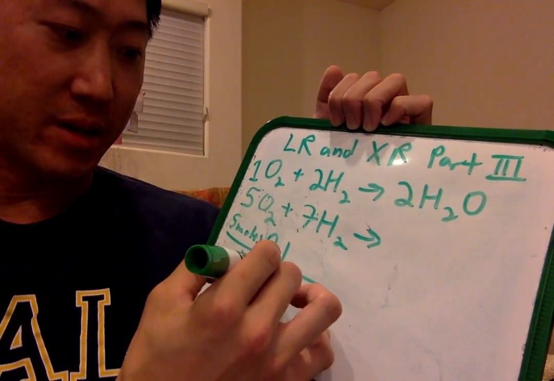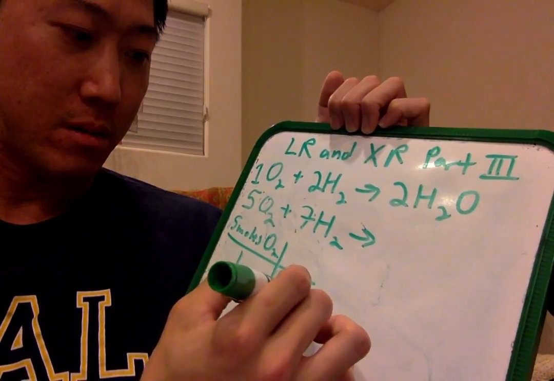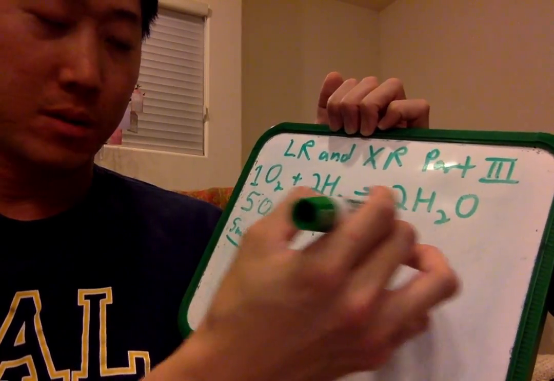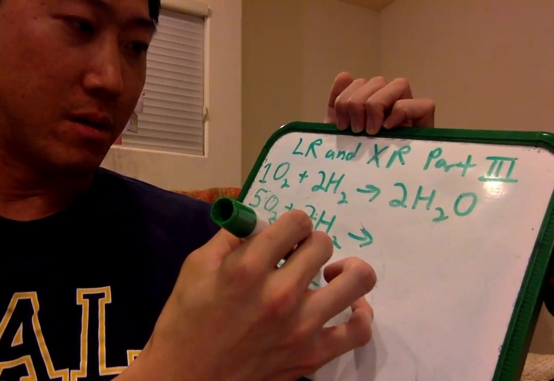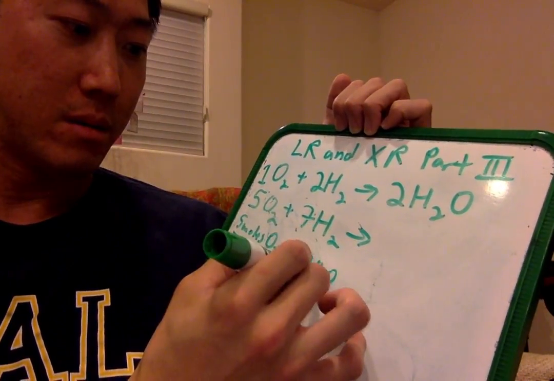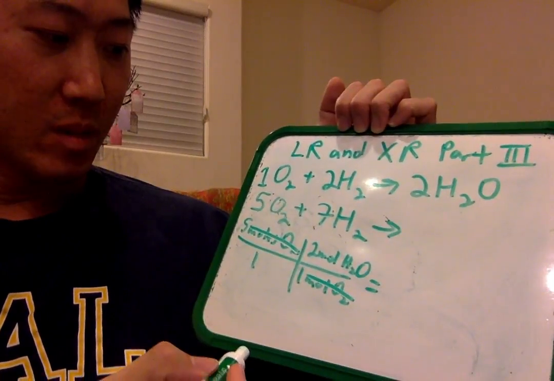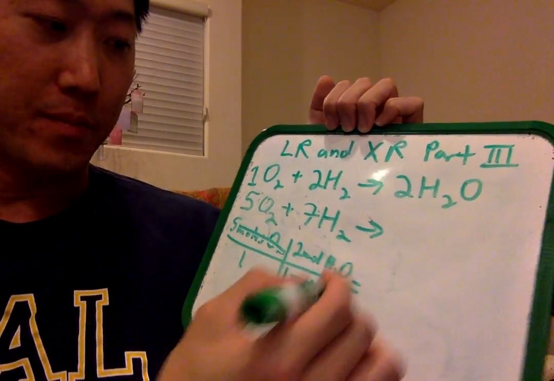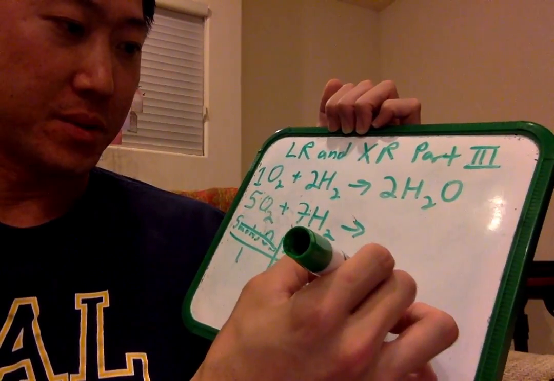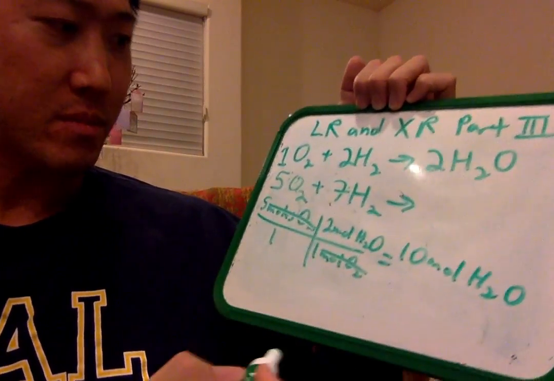So 1 mole of oxygen down here will give us 2 moles of water here, right? So the moles of oxygen cancel out. We're left with 5 times 2 over 1, so we get 10 moles of H2O, water.